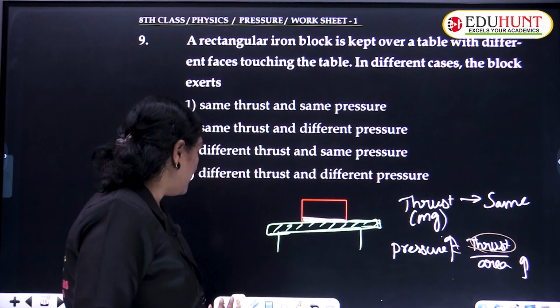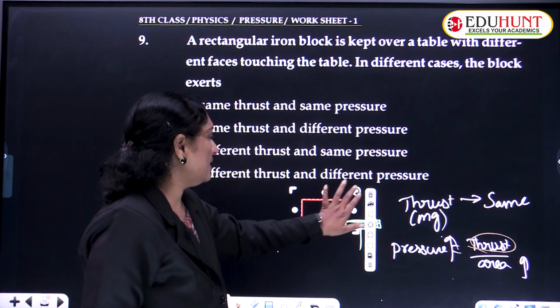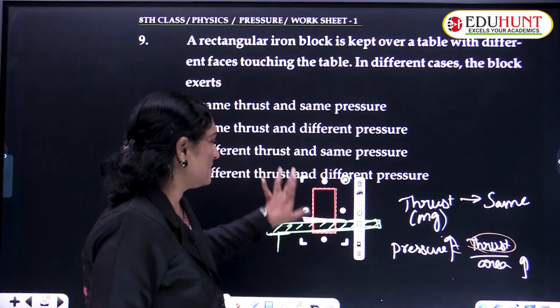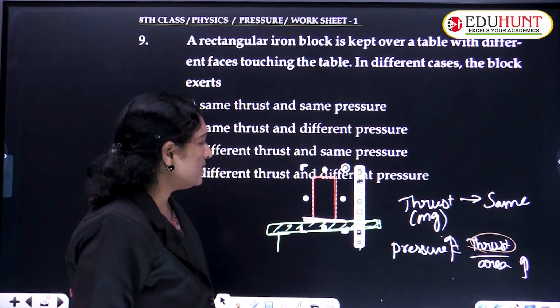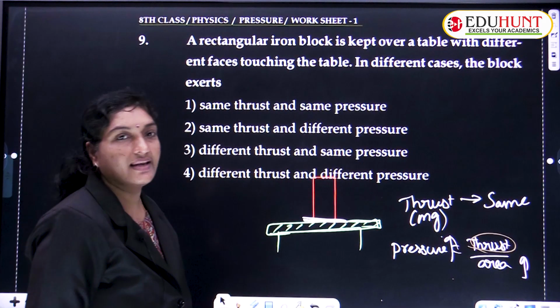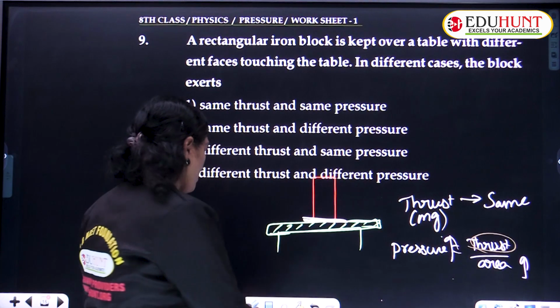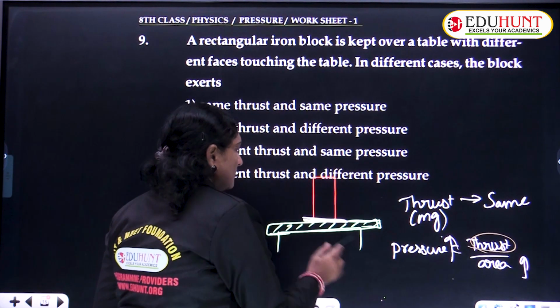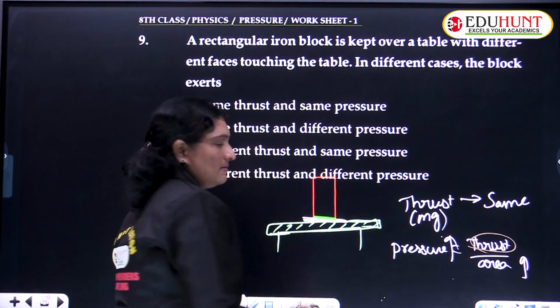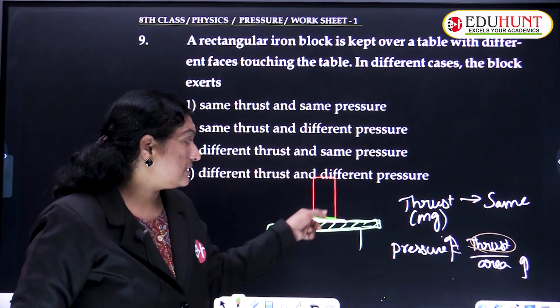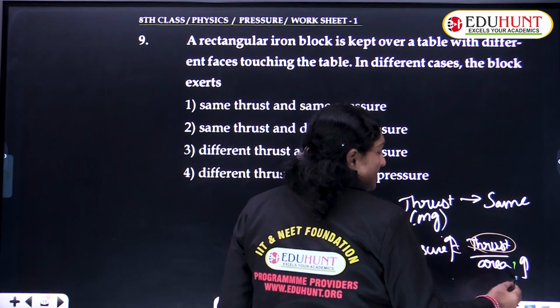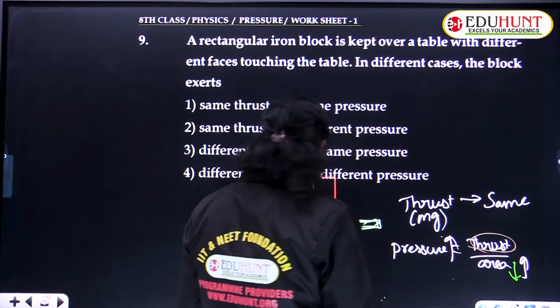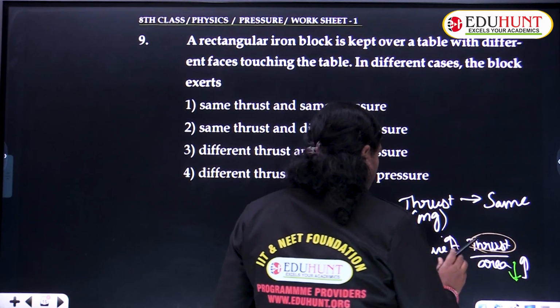True? But the same thing, if the block is kept in this position, then what do you observe? It has less area of contact, very small area of contact you observe. Only this much portion is in contact. In this case, the area of cross section is reduced. Okay, sorry children, earlier.